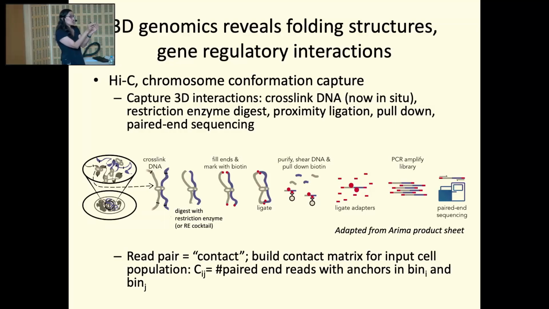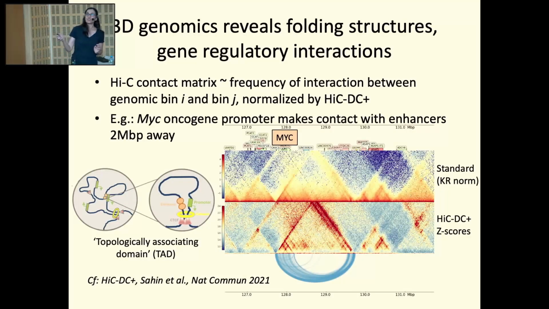So they were making a contact in 3D. And we call these reads contacts. And we map them to the genome. So we do paired end sequencing, and the pair of reads are mapped to bin I and bin J, and we say we have a contact between I and J, and we make a matrix, okay? So that looks like this, all right?